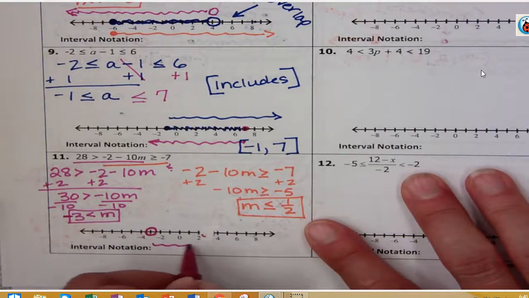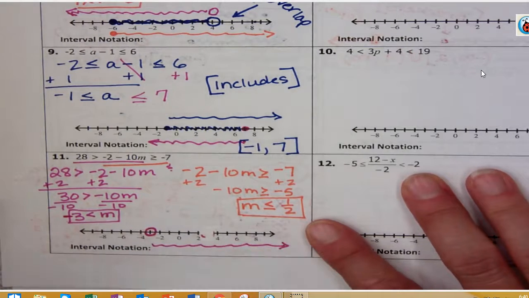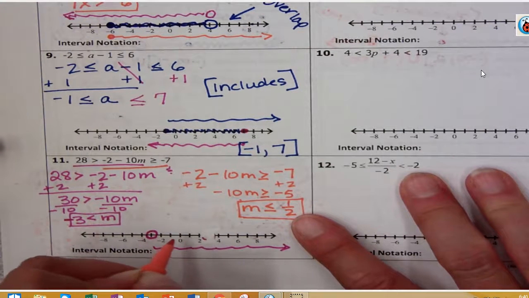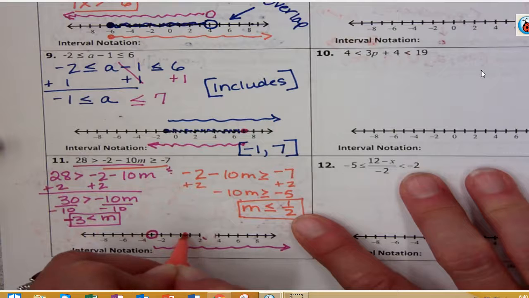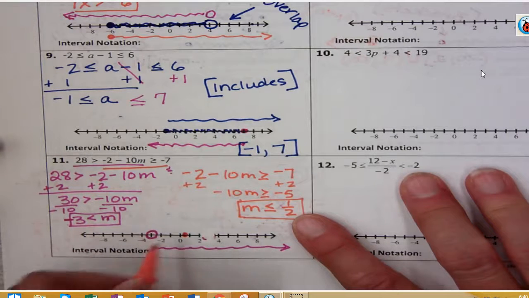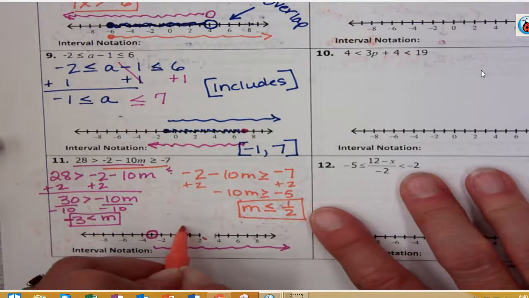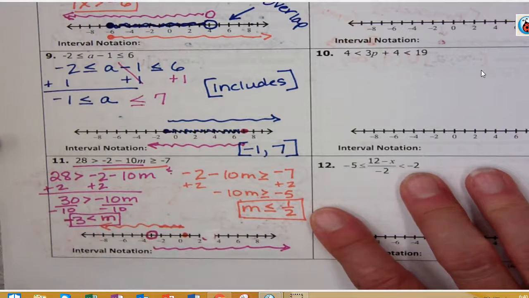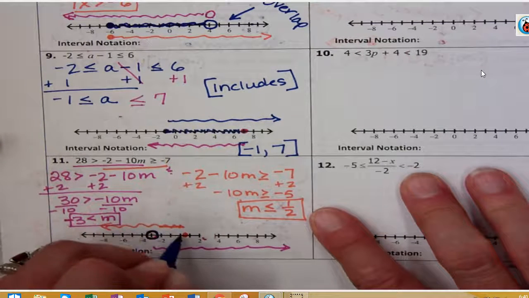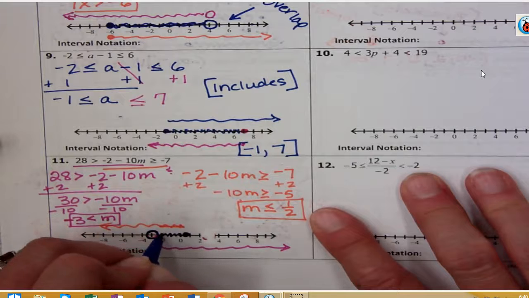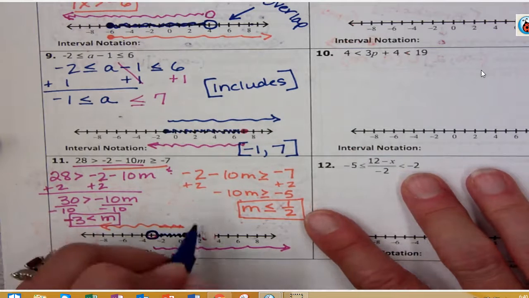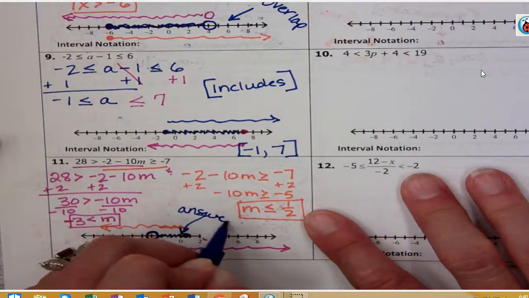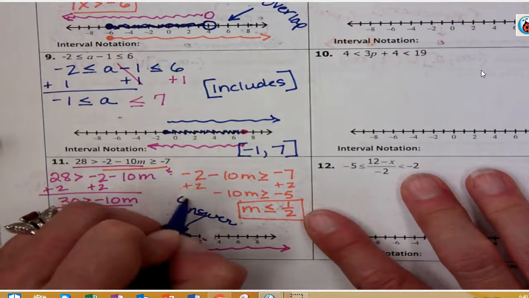M's got to be bigger than -3. M has to be less than or equal to, so I'm going to use a closed dot. And then the overlap is right here. This is where they overlap. This is your answer. The overlap.